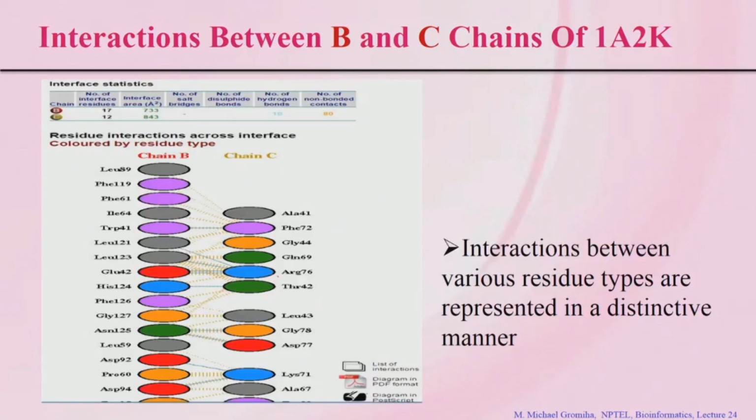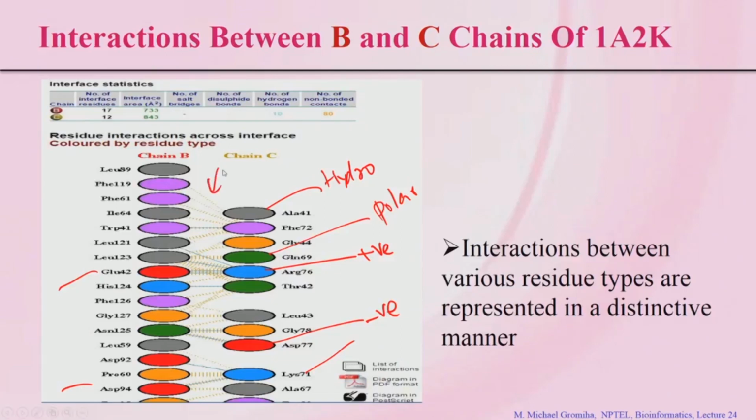For example, blue is for arginine and like this, maybe positive charge, and red for glutamic acid, aspartic acid, which are negative charge, and grey for hydrophobic, and mainly green for the polar residues. Now, you can see the type of interactions here. So, what is this green one, the blue one?